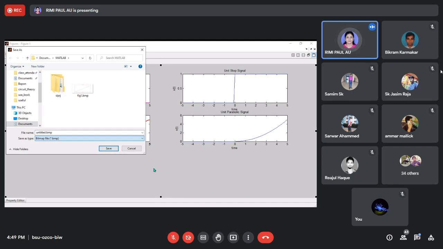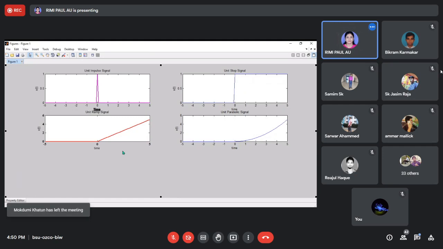Okay, so whenever you save this figure, do not use dot fig file, use rather dot bmp, dot jpeg, dot tiff, whatever file you save, and then you can take it to your pen drive and do the printout. This way you will take the printout of any plot. So that is the thing.